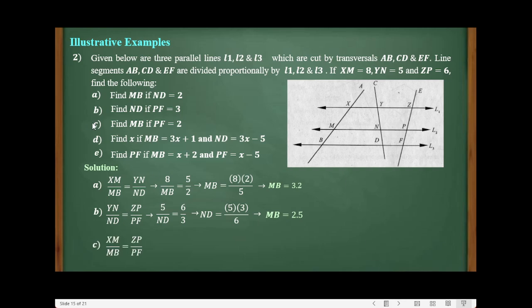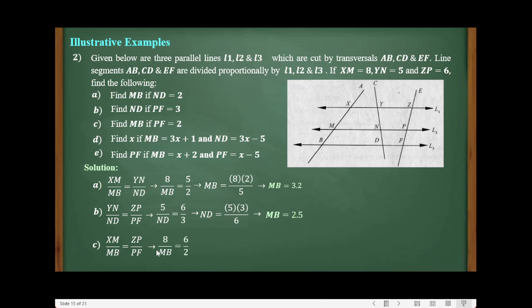Now for letter C, what is MB if PF is 2? Basically, the proportion we're going to use here is XM over MB equals ZP over PF. Then we substitute the values for the given segments.